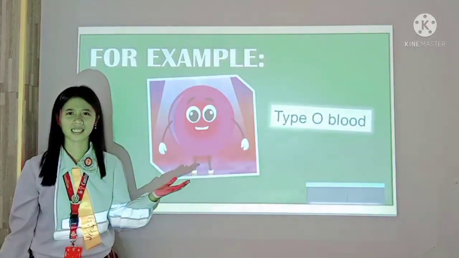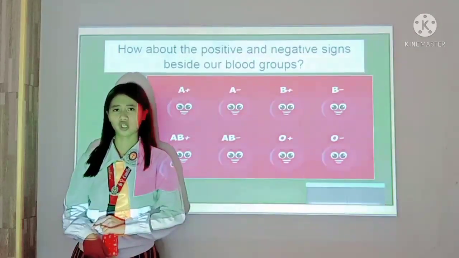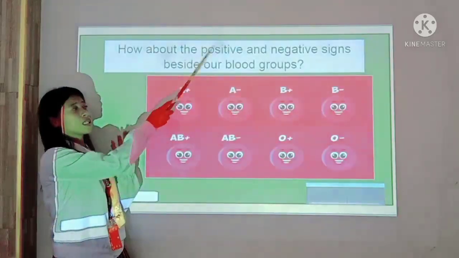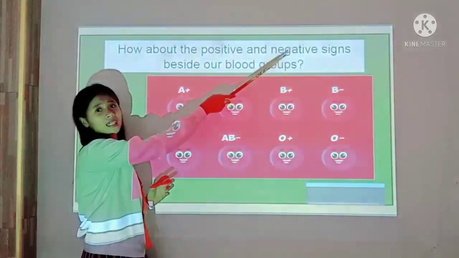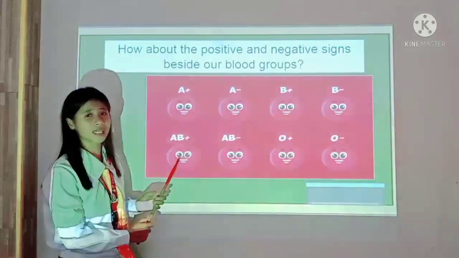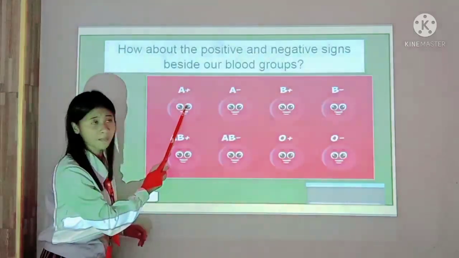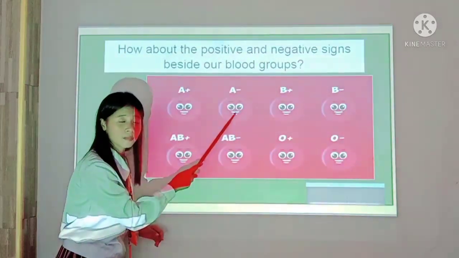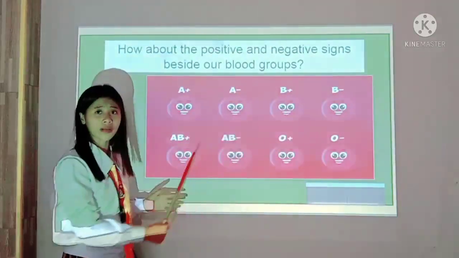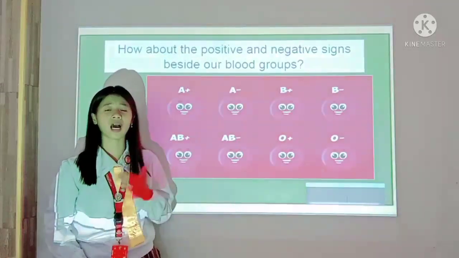Alright, next. Of course, we have another vital question in this lesson, wherein, how about the positive and the negative signs beside our blood groups? Because as you can see here in the picture, we have A positive, A negative blood, and then B plus, and so on and so forth. There is a positive and negative sign beside our blood.